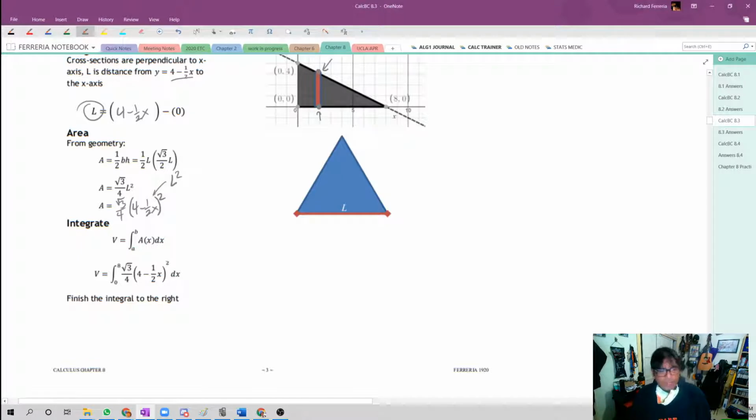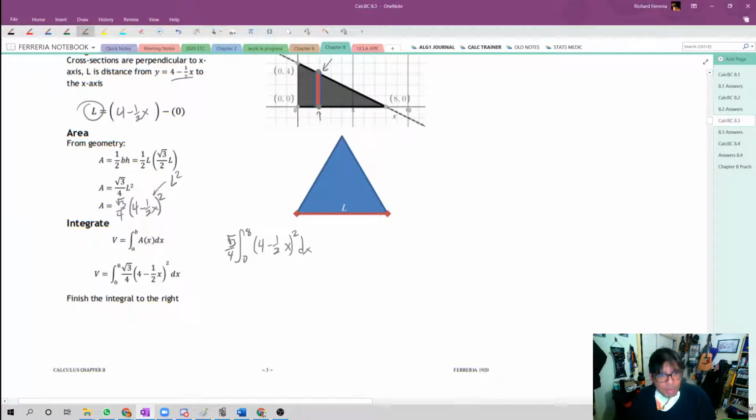It really just depends. So if I want to integrate this, first of all, it looks like I can take that root 3 over 4 out of the integral. Root 3 over 4 times the integral of (4 minus 1/2 x) squared dx. Oops, squaring the wrong thing here.